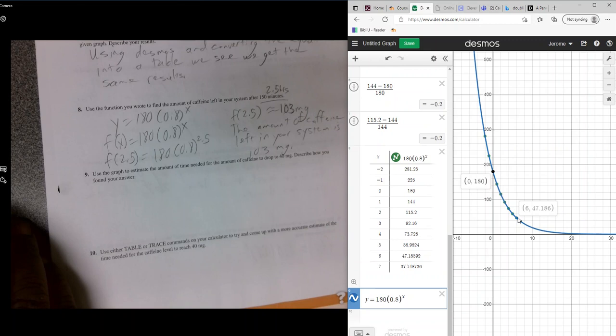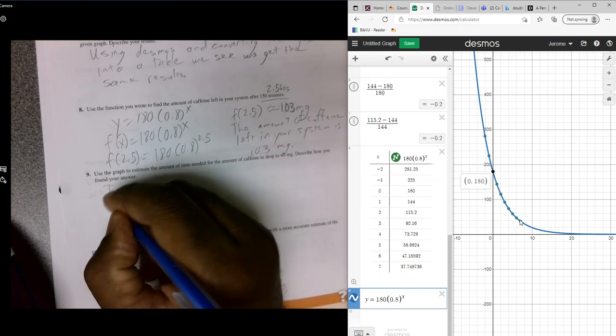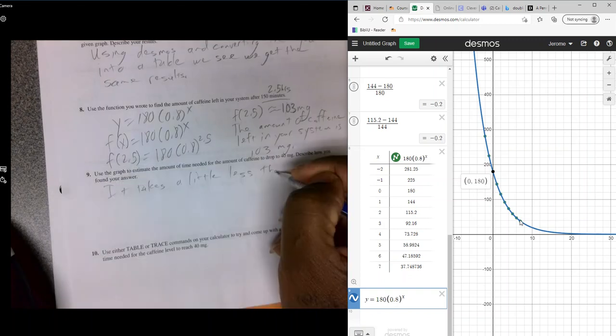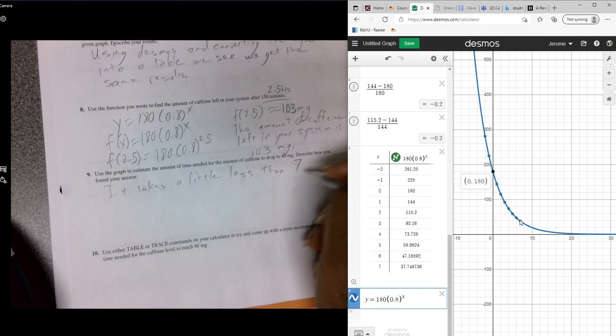Like 40.362. So it'd be about 6.7. So what we could write down here is that it takes a little less than 7 hours to drop to 40 milligrams. As you see, it was 6.7 hours, so a little less than 7 hours.